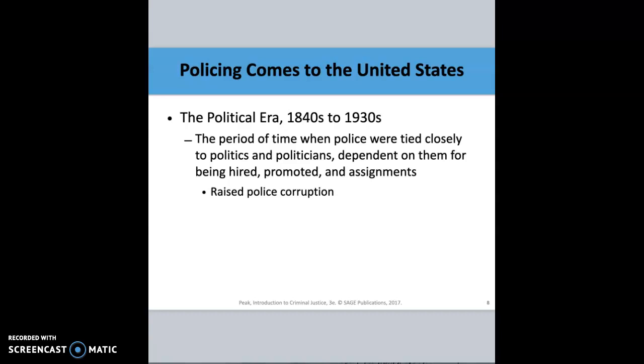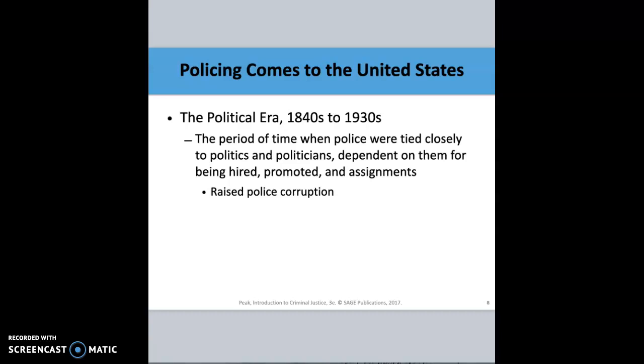The primary function of law enforcement during that time was crime control, order maintenance, and broad social services. In other words, the police were involved in a lot of social services, such as feeding the poor, doing a lot of things today that we have non-governmental organizations handling.